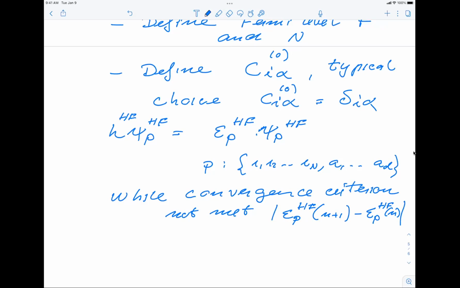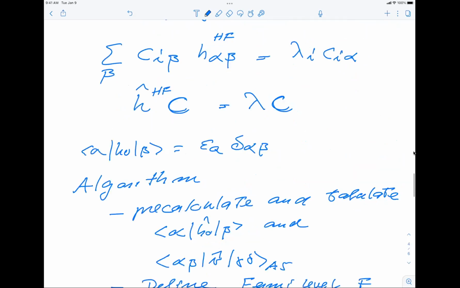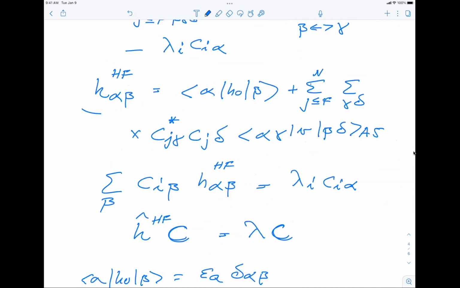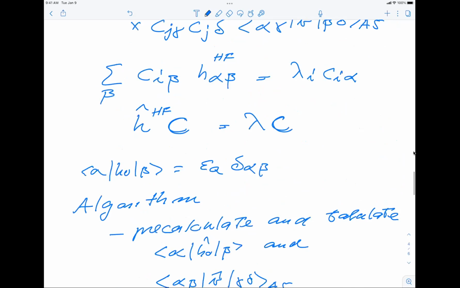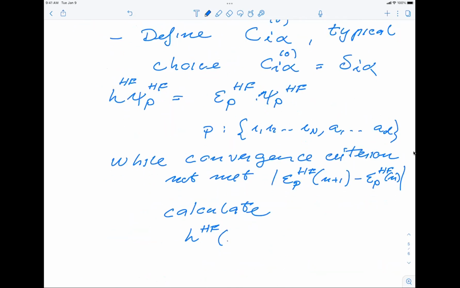So while that is not met, what you would do is to diagonalize and calculate this h, Hartree-Fock, which is given by the equation which you have up here. So this specific quantity. So you would now have an h, Hartree-Fock, as a function of a given iteration.